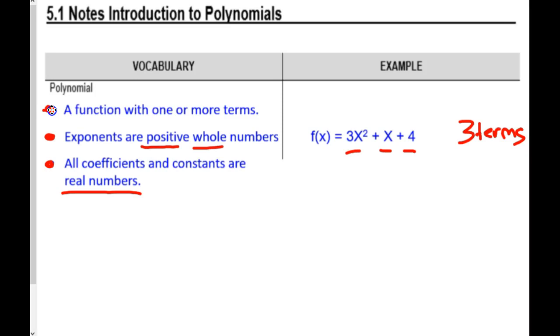Don't forget the example off to the right side. Okay. So y'all know what polynomials look like? All right, next one. We good?